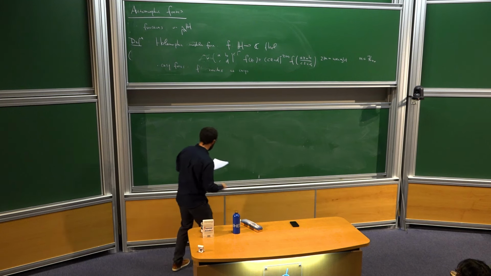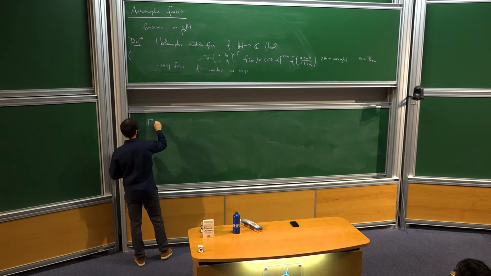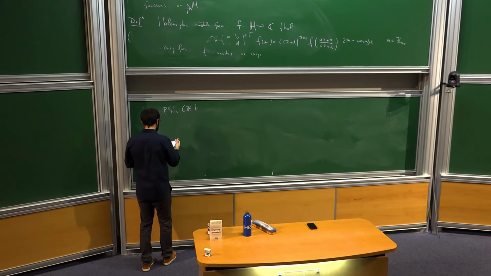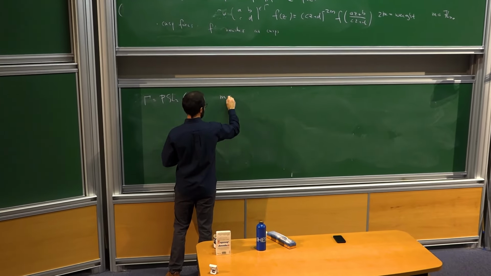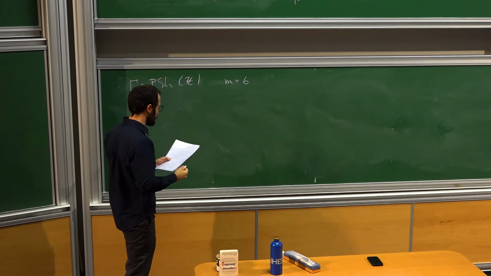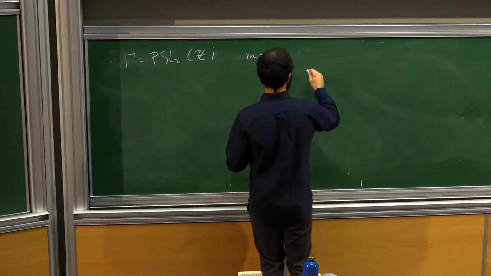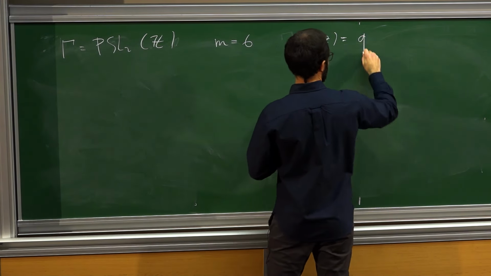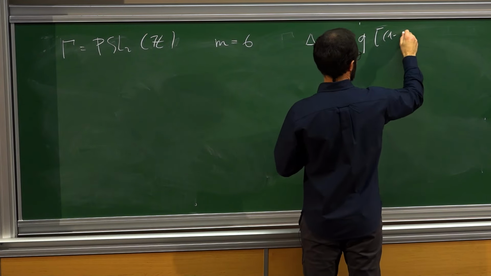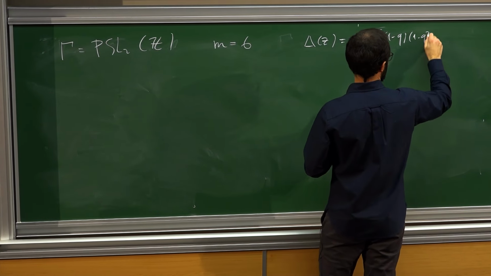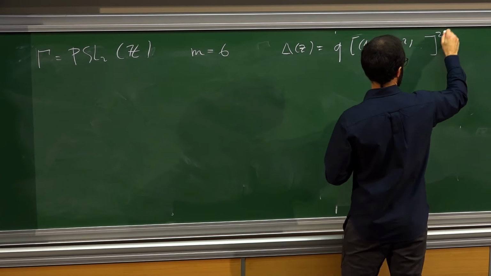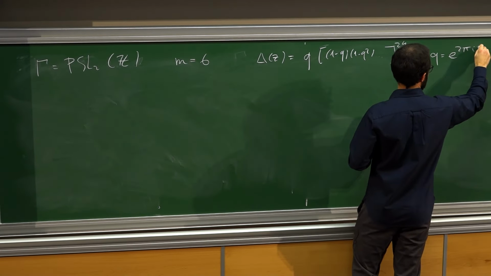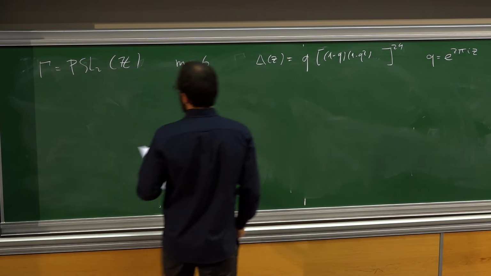If gamma is PSL2Z, there's an example with m equal to 6. So m equal to 6 is the smallest m for which these things exist for PSL2Z. We usually denote it as such, and it's q times the product of 1 minus q to the n, to the power 24, where q is e to the 2 pi i z.